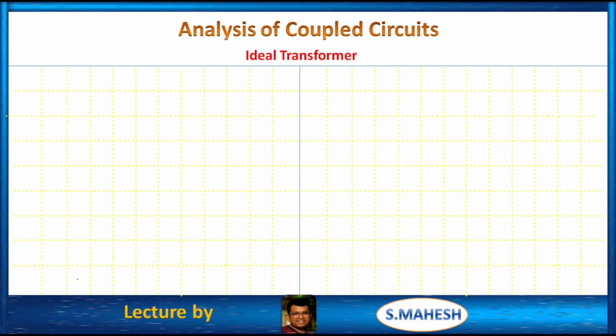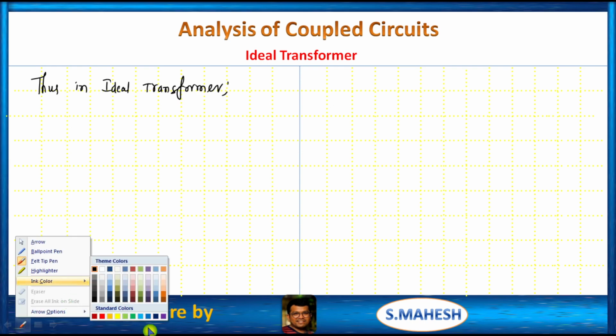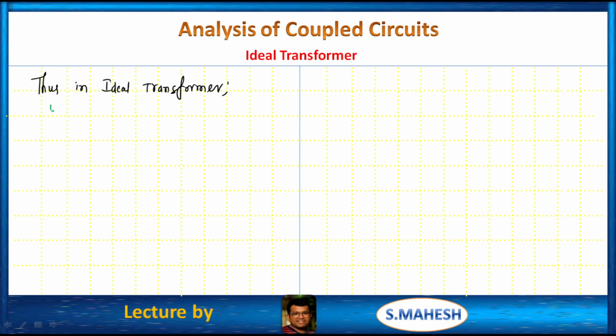Therefore finally, thus in ideal transformer, V1 by V2 which is equals to N1 by N2 which is equals to minus I2 by I1, or we can say I2 by I1, okay, no problem at all, which is equals to N by 1 if the turns ratio is what?